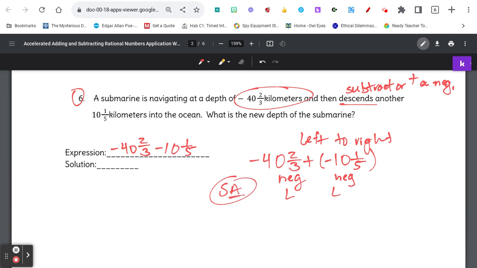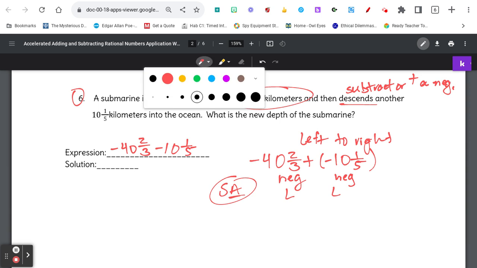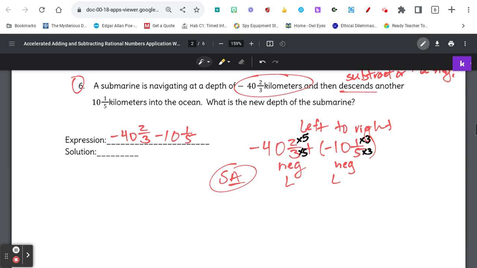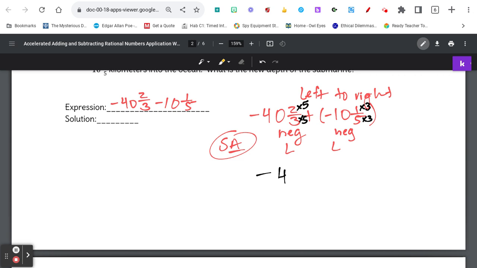But before I add fractions, I need a common denominator. And the common denominator here is 15. So I'm going to multiply this by 5 and that by 5, this by 3 and that by 3. So I'll end up with negative 40 and 10/15 plus negative 10 and 3/15. Now I can add.